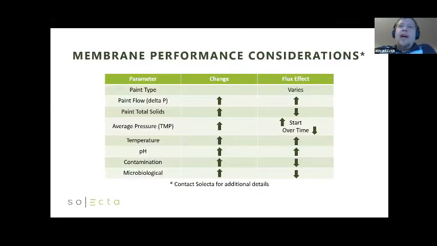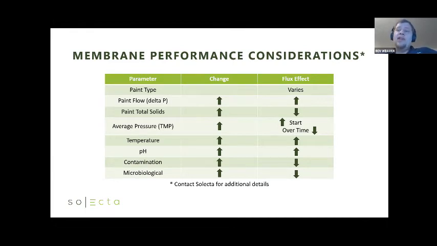So when we want to talk about performance considerations and how some of these variables impact the performance of the UF over time, number one is paint type, and all the paints are going to act a little bit differently when it comes to filterability of the paint.